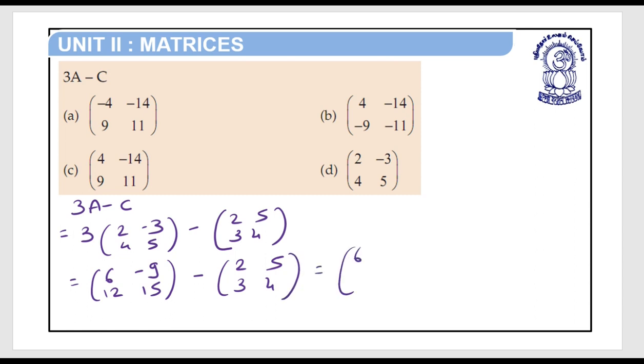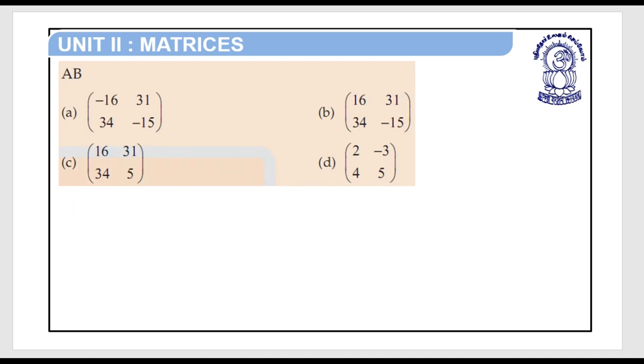This is 6 minus 2, minus 9 minus 5, 12 minus 3, 15 minus 4. 6 minus 2 is 4, minus 9 minus 5 is minus 14, 12 minus 3 is 9, and 15 minus 4 is 11. So 4, minus 14, 9 and 11. So answer C is the right answer.